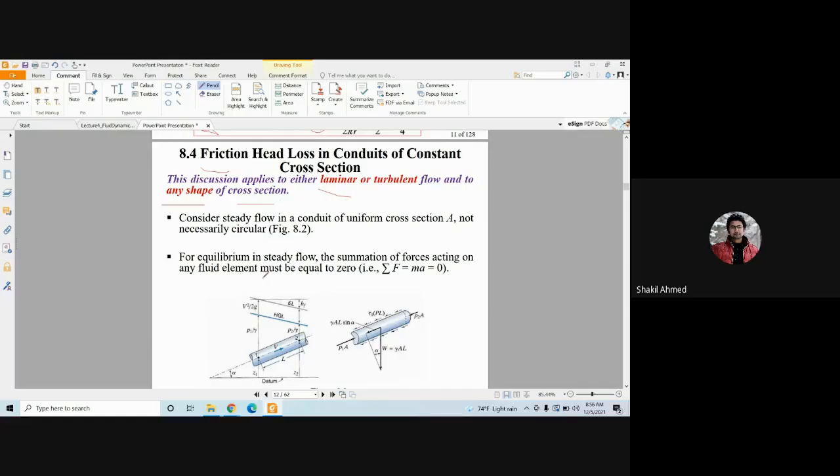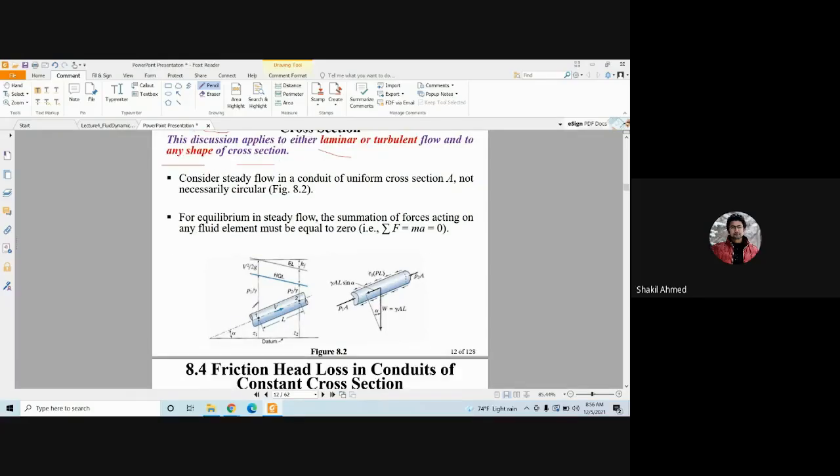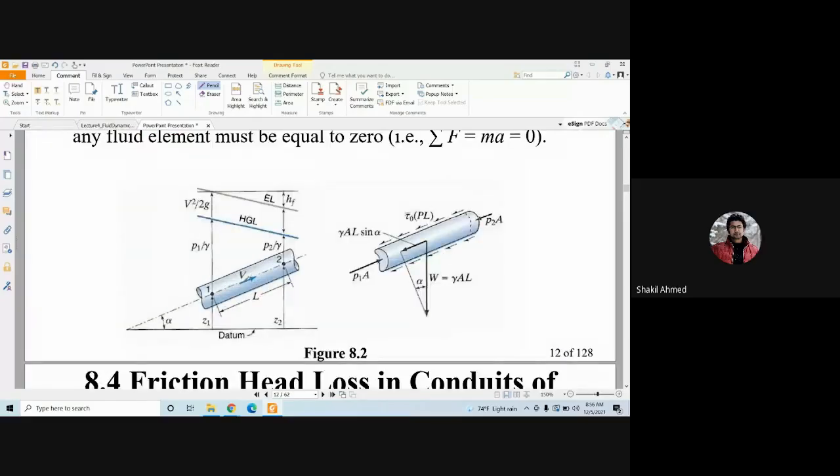What's happening here? This is a pipe, and here there is a flow of fluid in this direction. This is the datum. Maybe you are using a pump to lift the water to the pipe.